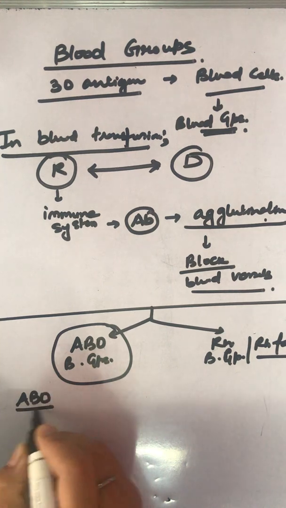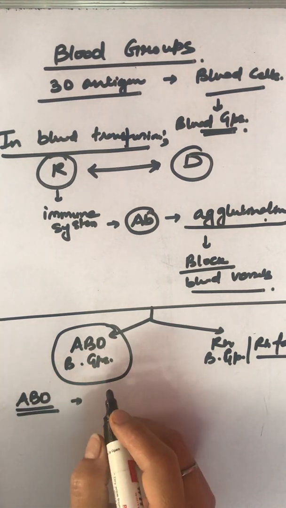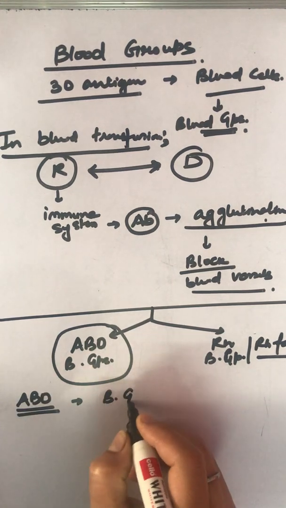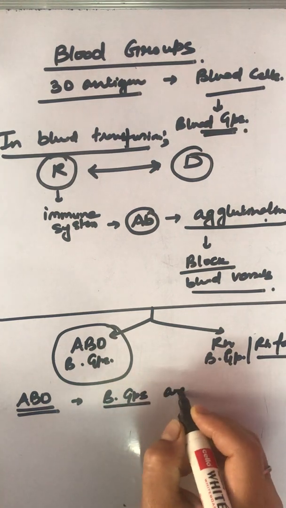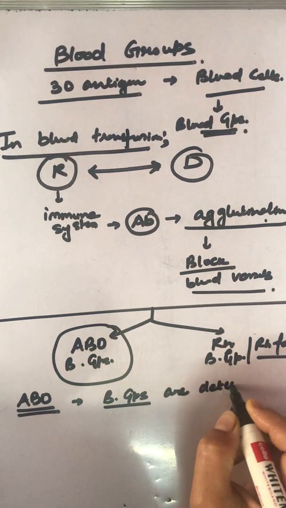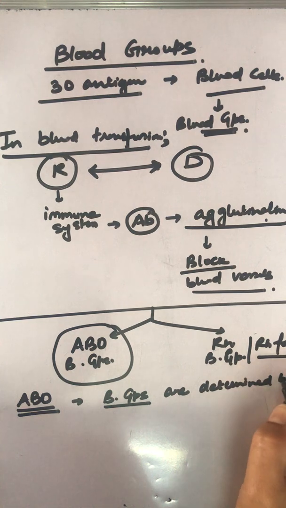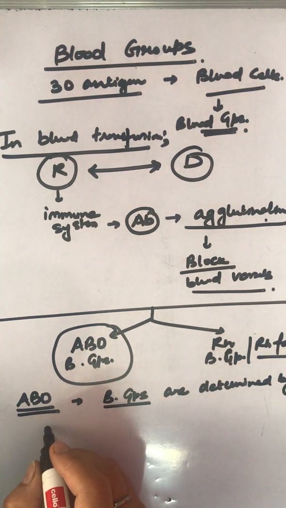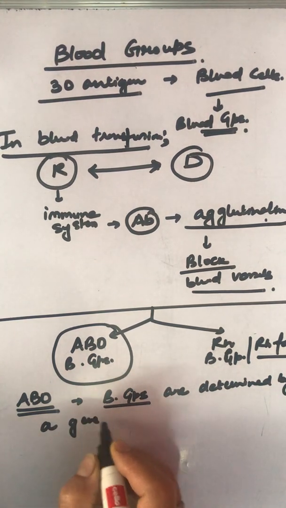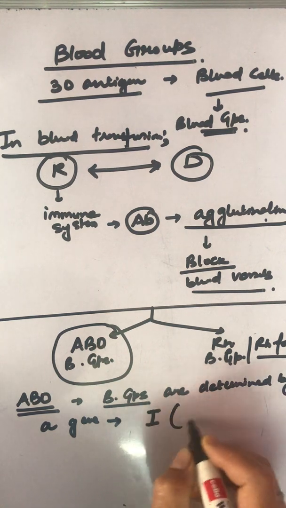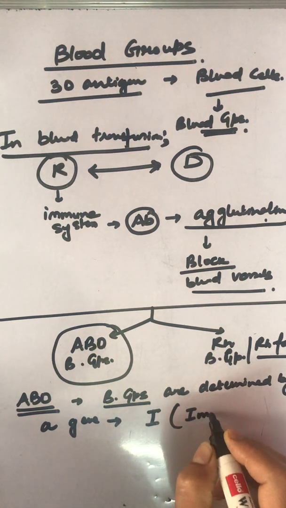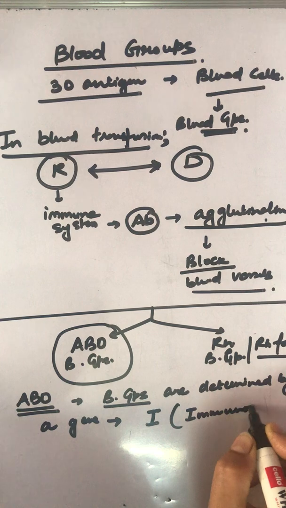In this blood grouping mechanism, the blood groups are determined by a gene known as I. I stands for immunoglobulin.